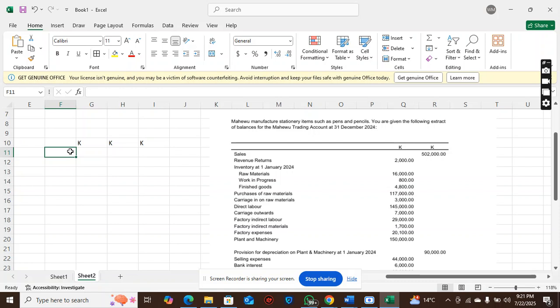All right. So the first item we're going to put here is direct materials. Here we have to find the total for the direct materials. So under direct materials, what is the first item we're going to put?